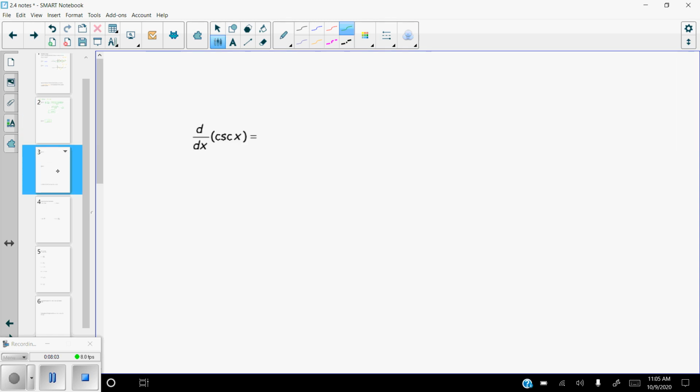We, however, are going to skip to the next page, and I will prove one of these two. As a matter of fact, I'm going to prove the secant one. I'm going to skip cosecant. Now, remember that secant is 1 over cosine, so they mean the same thing. So we're going to take the derivative of 1 over cosine of x.